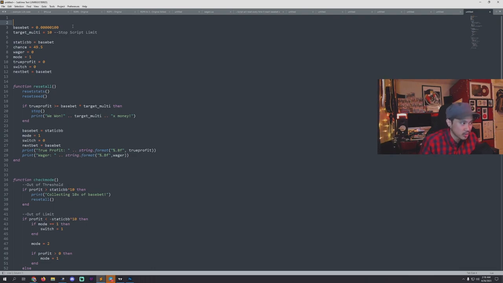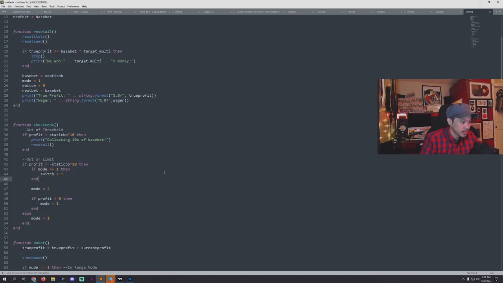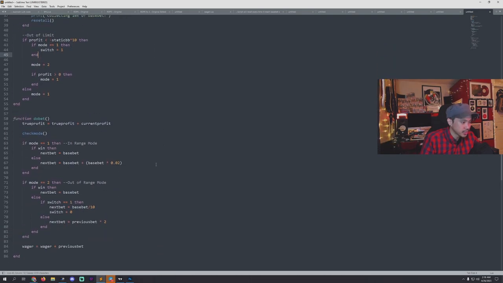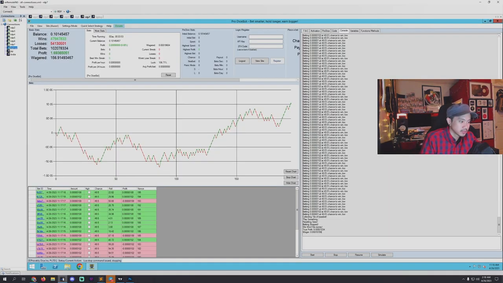It never changes. It's always 100, right? There we go. So maybe that will change that. I'm iffy about this one too, man. We're gonna do this bit. Okay, we'll do static BB here too because that base bet changes, dude. So we want to add 2% every time. Okay. Let's see how that goes.